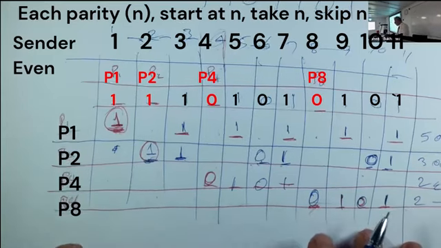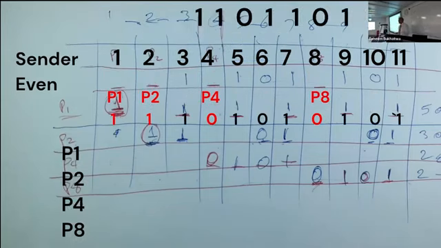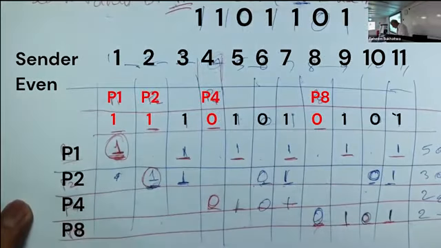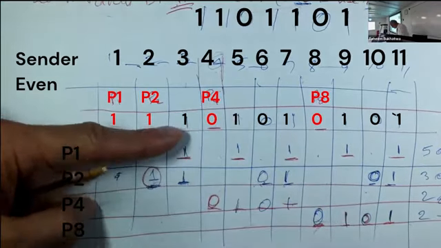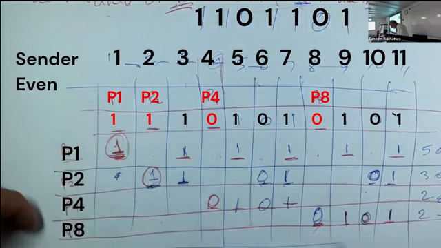Right, so now, the part of the question says, give me the final frame to be sent that includes the parity bits. So I'm just going to look at them. The first parity is 1, the next one is 1, the next column 3 is already 1 that belongs to data, and this one is a 0, that's parity 4.